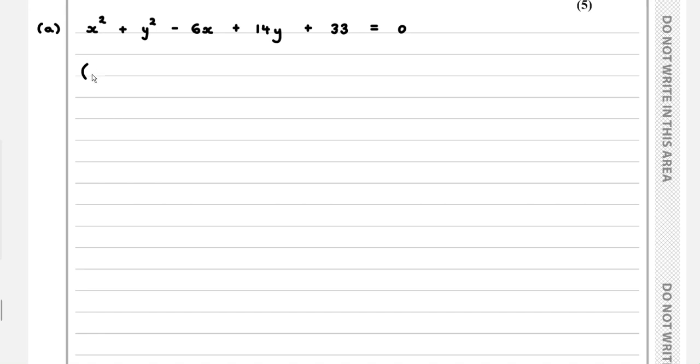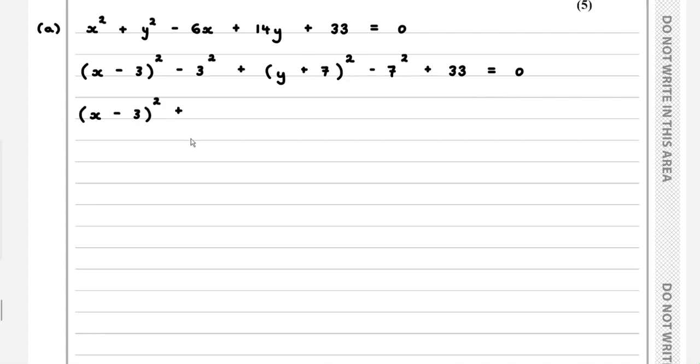To find the centre and the radius, let's begin by completing the square in the x and in the y. Completing the square in the x, we've got x subtract 3 squared, subtract the square of 3, and in the y direction, we've got y plus 7 squared, subtract the square of 7, and then we add on this 33, and this is equal to 0.